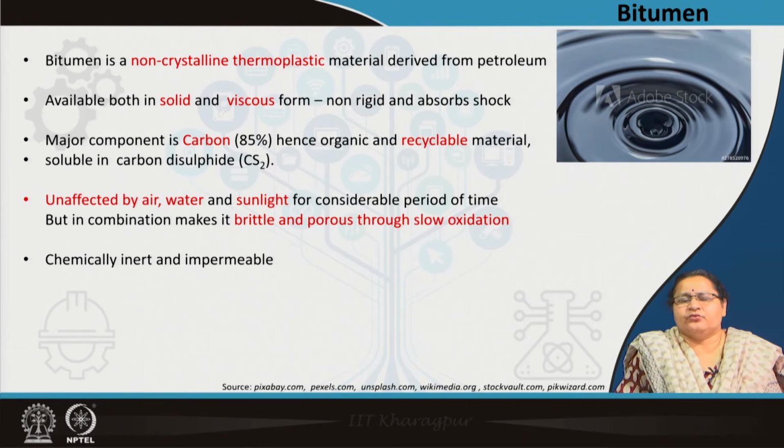But we always have seen on roads a jet black colored material being heated and applied on the road, or being mixed with aggregates and spread on top of the road to have a layer on top of the road.